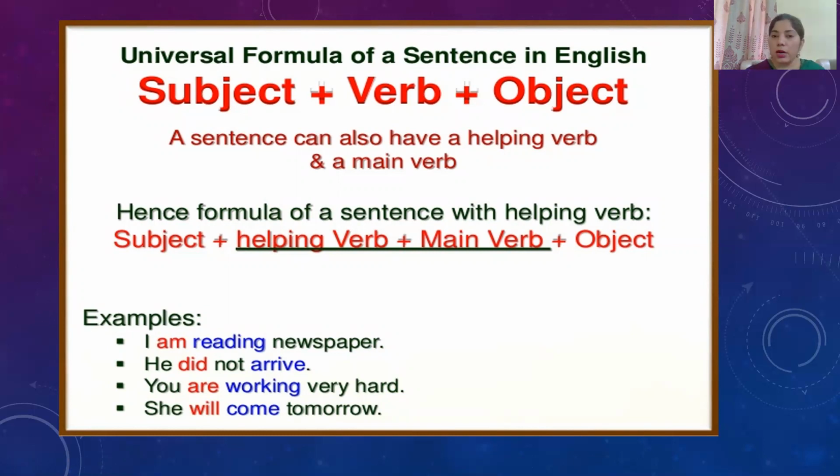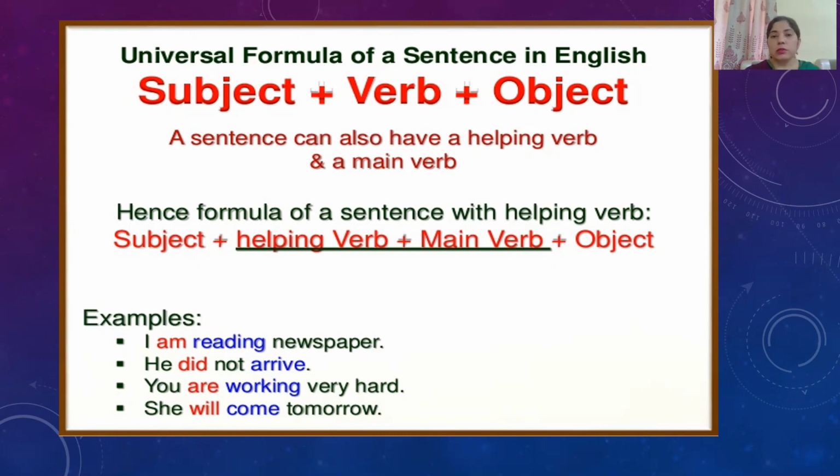It can be a noun or a pronoun in the sentence. Verb refers to the action being done, the state of action, or the being or possession of the subject. And object means the thing or person who is receiving the action done by the subject.